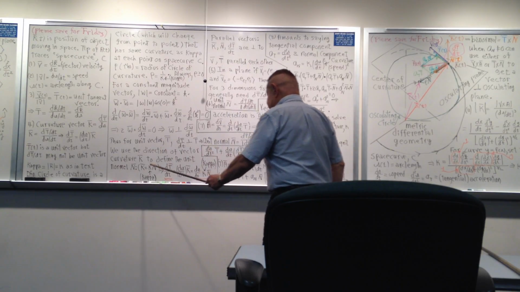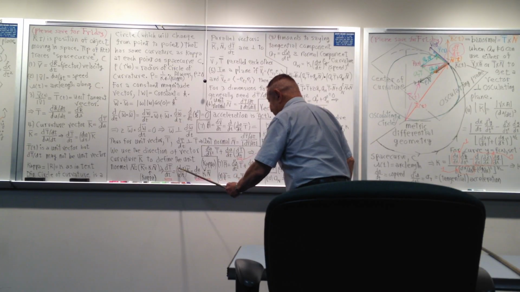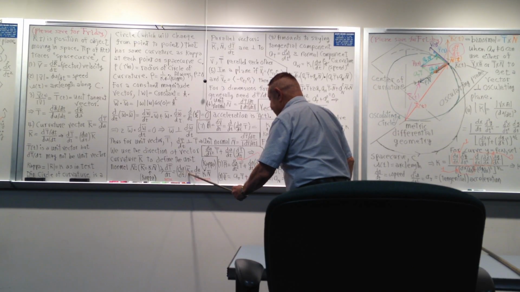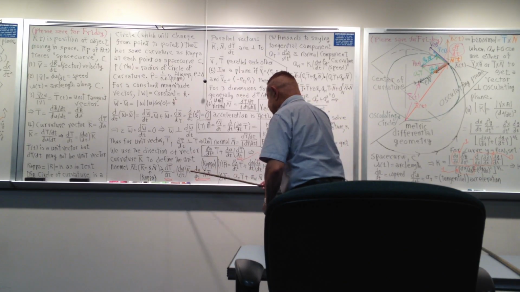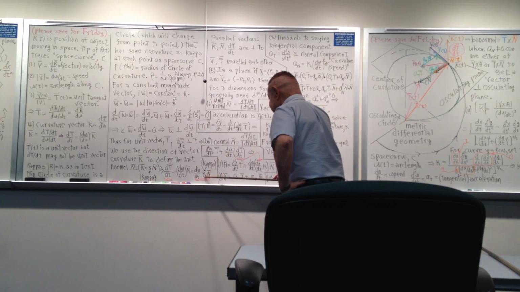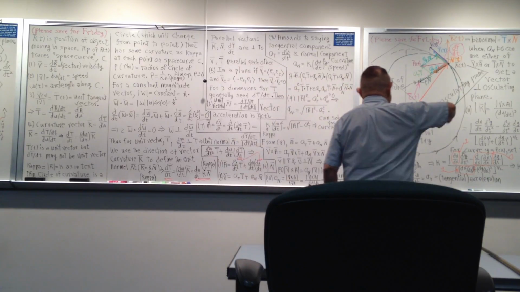vectors. So what we have then finally is that the derivative of this tangent vector is the speed at the point where you are on the curve times the curvature vector, and the curvature vector then is the curvature magnitude times the unit vector that points like it.